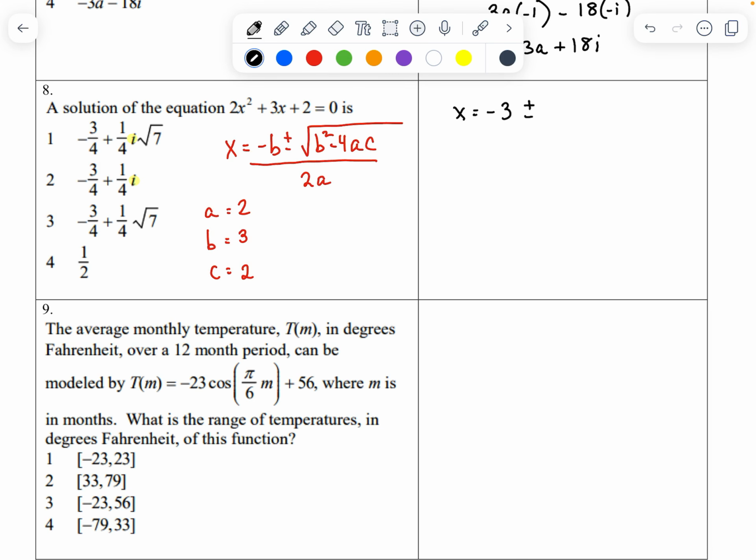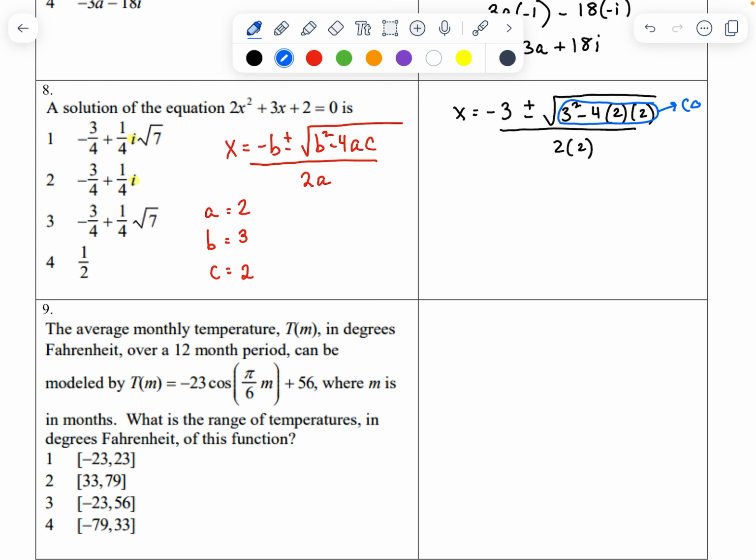x equals negative b plus and minus the square root of b squared minus 4 times a times c, all over 2a. All right, now from here, you are not putting everything in your calculator. A lot of people think so.